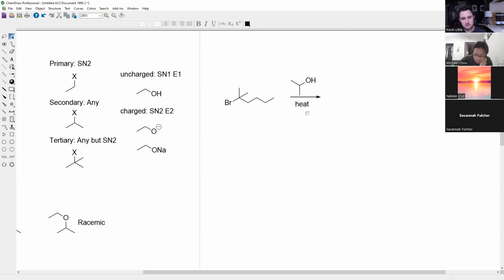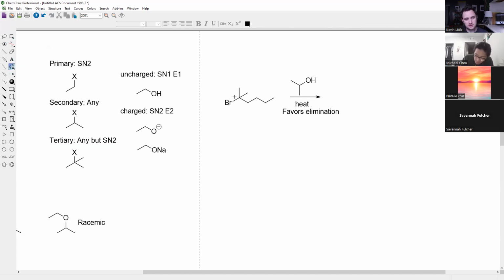I didn't talk about this earlier, but heat favors elimination. So what kind of reaction does this have to be? It has to be E1. It can't be E2 because it's not charged. It can't be SN2 because it's tertiary. So it has to be E1.